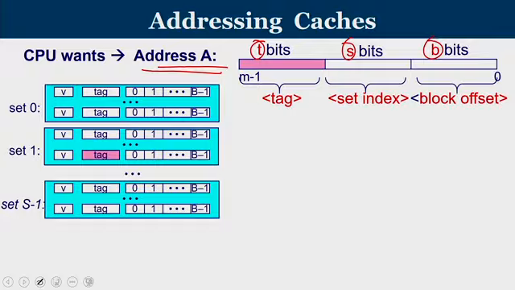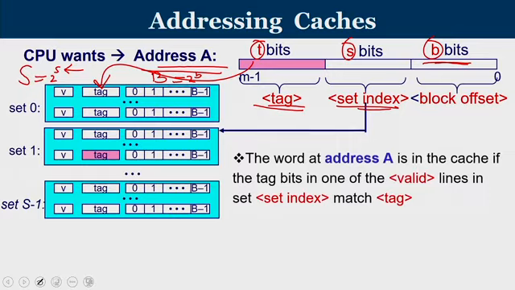If you have capital S, which is defined as 2 power small s, this will tell you how many bits are there in the set index. And then your block is B bytes, which is 2 power small b. This will tell you how many bits are there in the block offset region, and the last portion is your tag. Whatever is the balance is called the tag bits, and these t bits are stored here. So, this is your tag area.